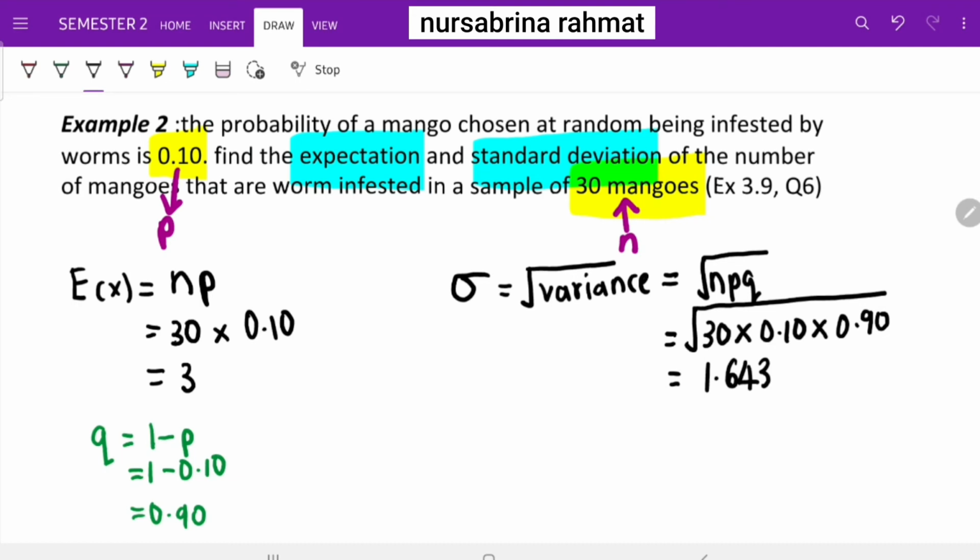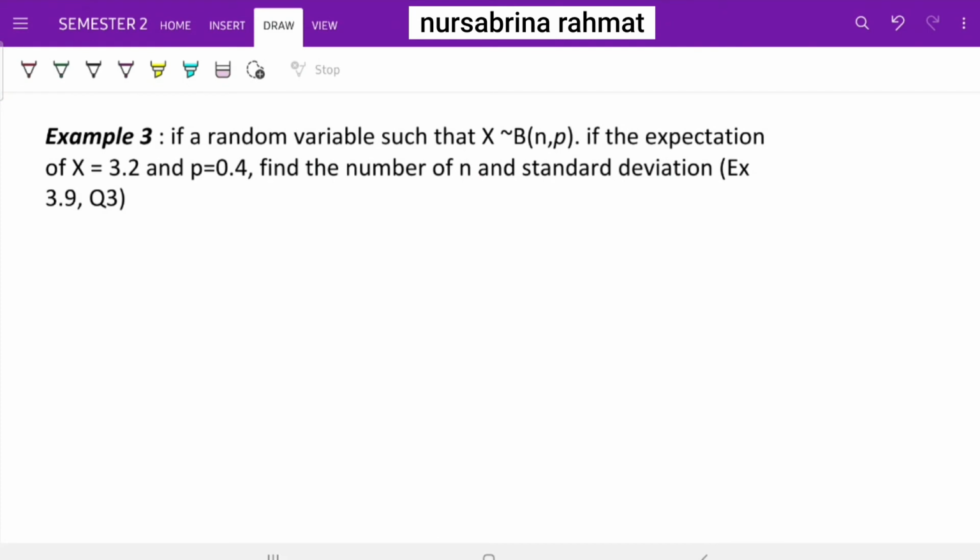Let's move on to the last example for this video. They give you that the expectation of X equals 3.2, which is the mean, and p equals 0.4. They ask you to calculate n and the standard deviation.